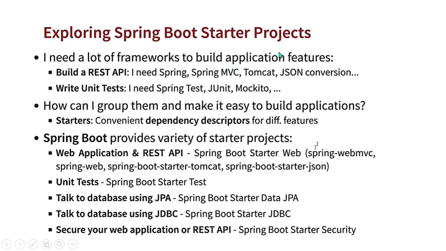So what is the starter project? If you developed a Spring REST API application before Spring Boot, as I told, you needed to add Spring MVC dependencies, Tomcat server dependencies, and JSON conversion.